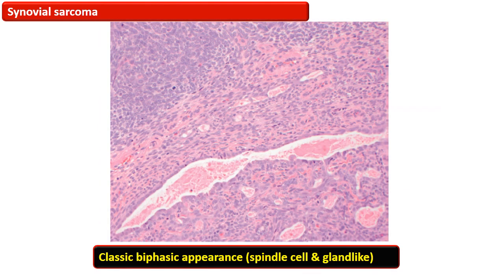This photomicrograph shows the characteristic biphasic appearance of the synovial sarcoma, with a gland-like space lined by malignant cells, and on the upper left side there is a spindle cell population.